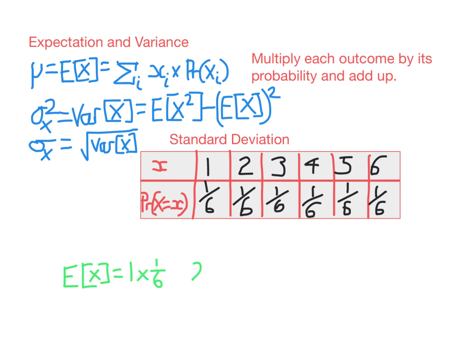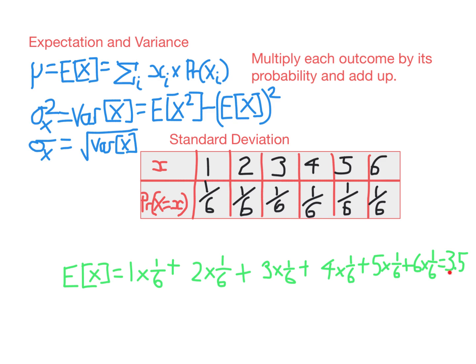Then I take 2 and I multiply by its probability, and so on for all possible values X can take. And then after I've done this, I simply add up these numbers. You can put this straight in your calculator. You actually get 3.5. So that is the mean or expected value when you roll a die.